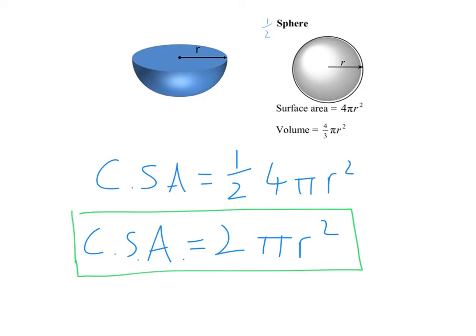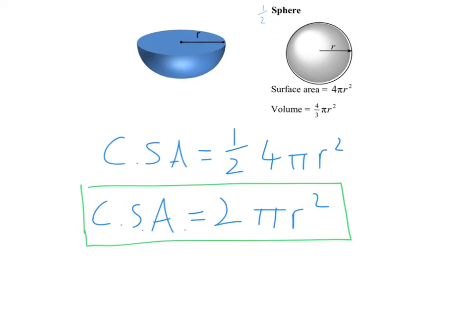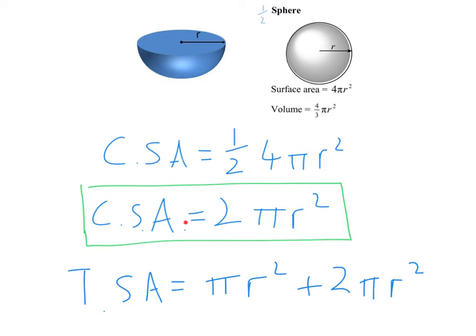So, if you were engaging with that, what you might have remembered is that the area of a circle is pi r squared. So what we're going to do is add the flat surface, or circle, which is pi r squared, plus the curved surface area, which is 2 pi r squared.